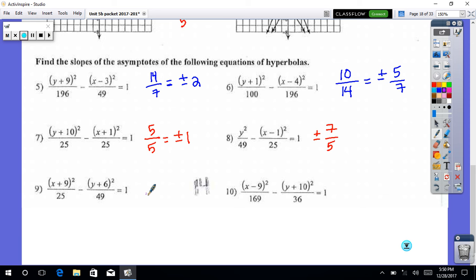And the last two, square root of 49 is 7 over square root of 25, which is 5, positive, negative. And finally, 6 over 13, plus or minus.